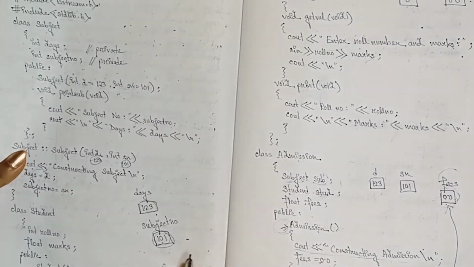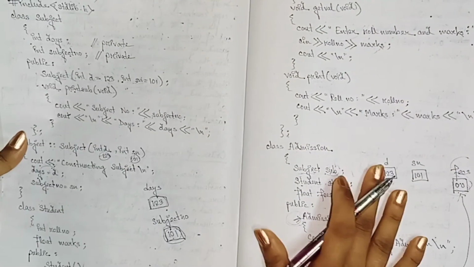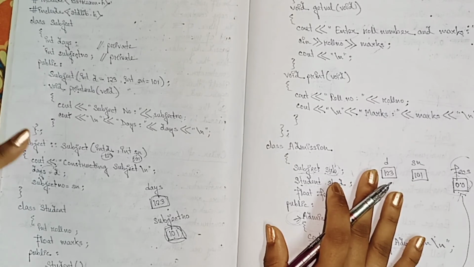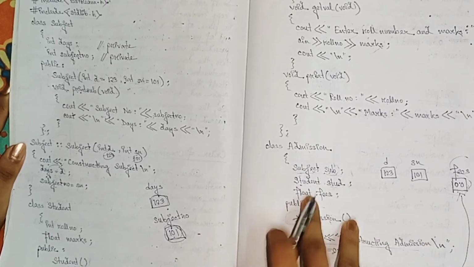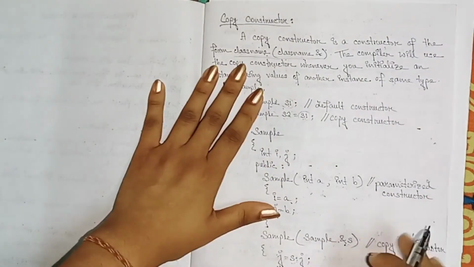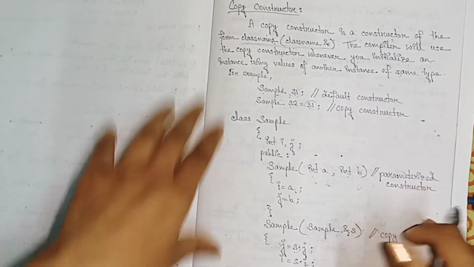So this is how the order of constructor invocation is done. Through this particular program I have explained this. Okay, so your task is that, for everything I have covered in this particular video, starting from the copy constructor, first you have to make notes for the copy constructor.